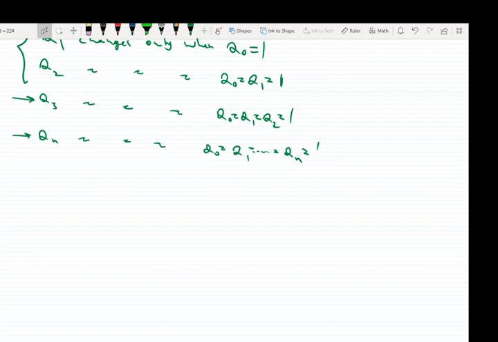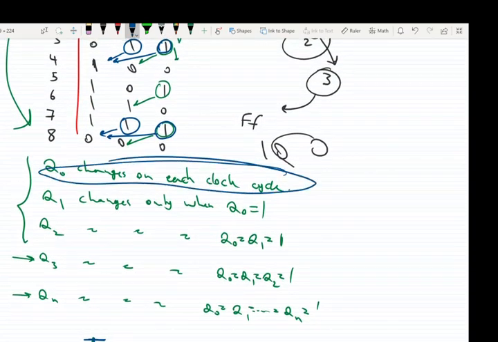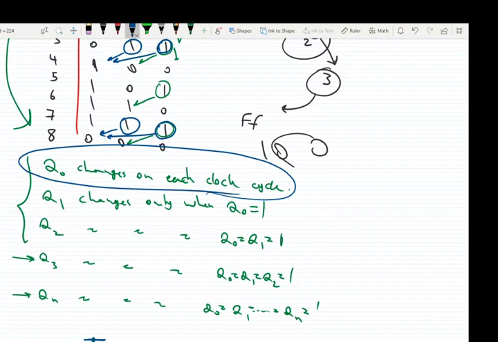So we will have 3 T flip-flops. T0, the input of the first flip-flop, has to be 1. Why? Because Q0 changes on each clock cycle.